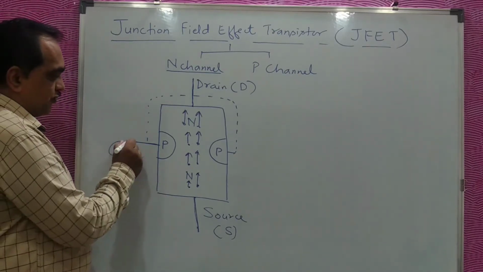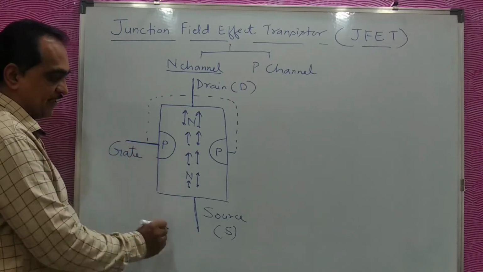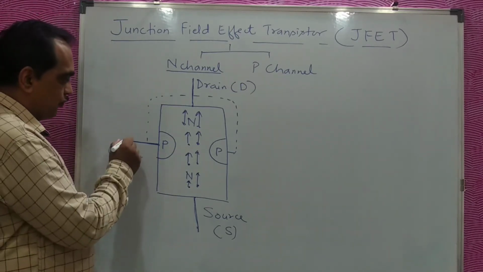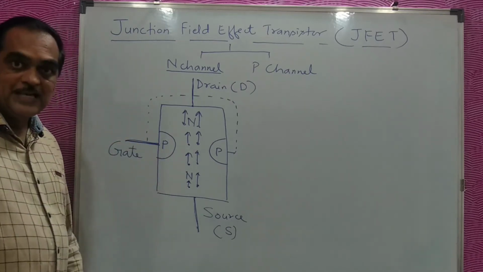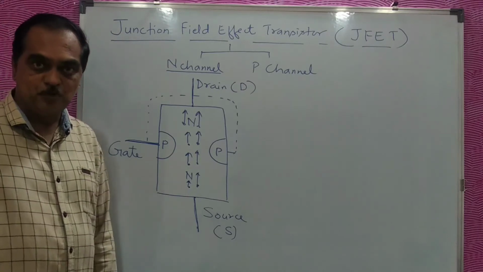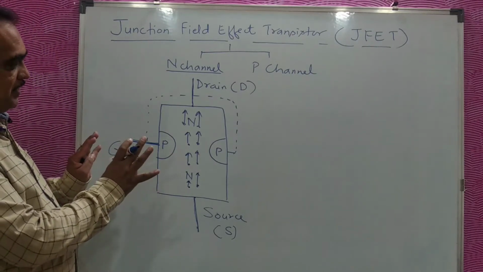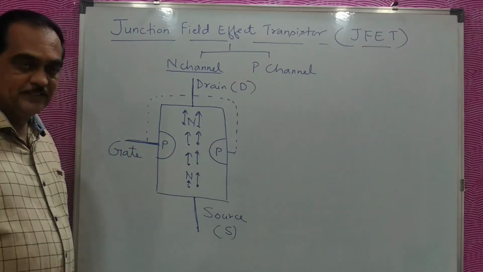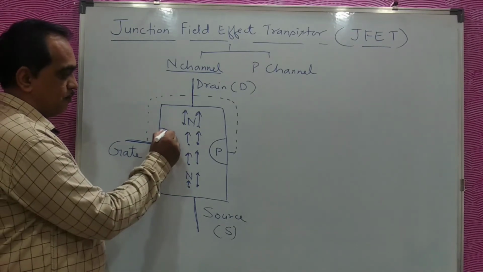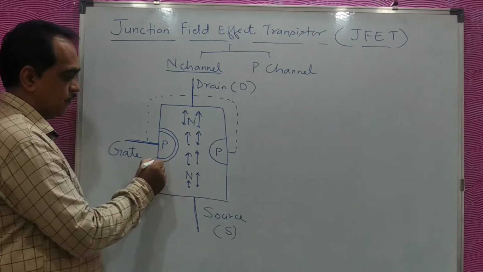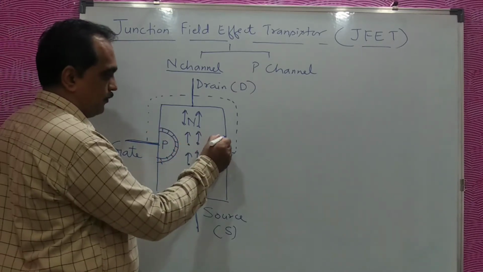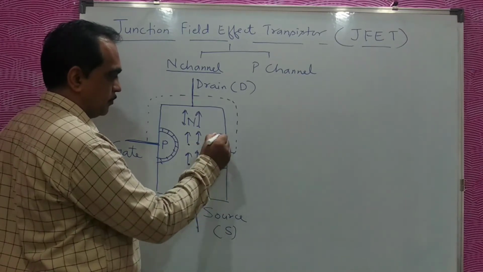Now you can give one more supply here between gate and source. Now that supply will be very important, because gate is going to act as a control terminal, and that supply should be reverse bias. Because originally when you make this arrangement, this is P-type material, this is N-type material. So you have a normal PN junction here, and you have a normal PN junction here.